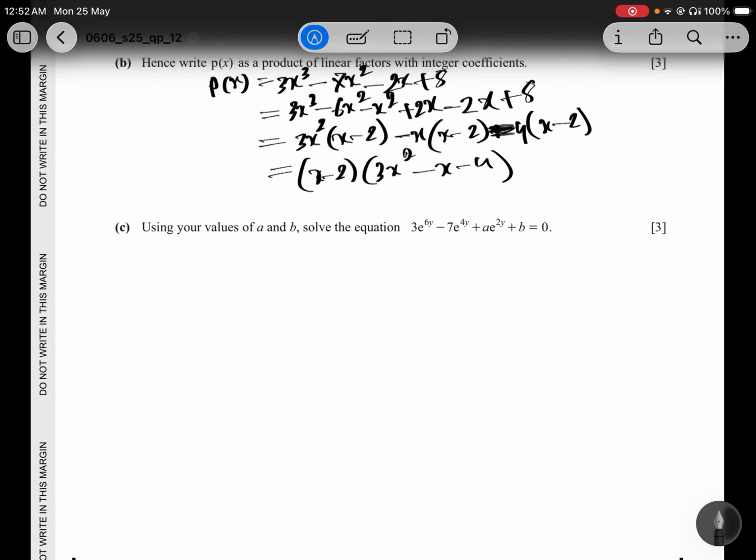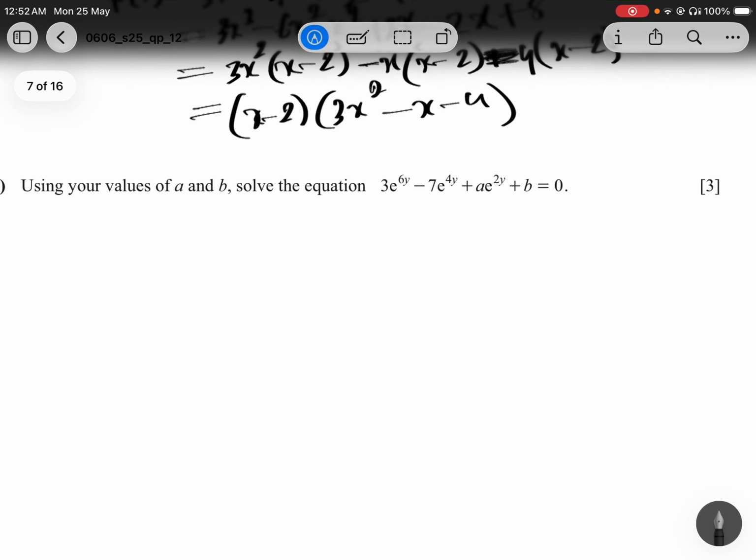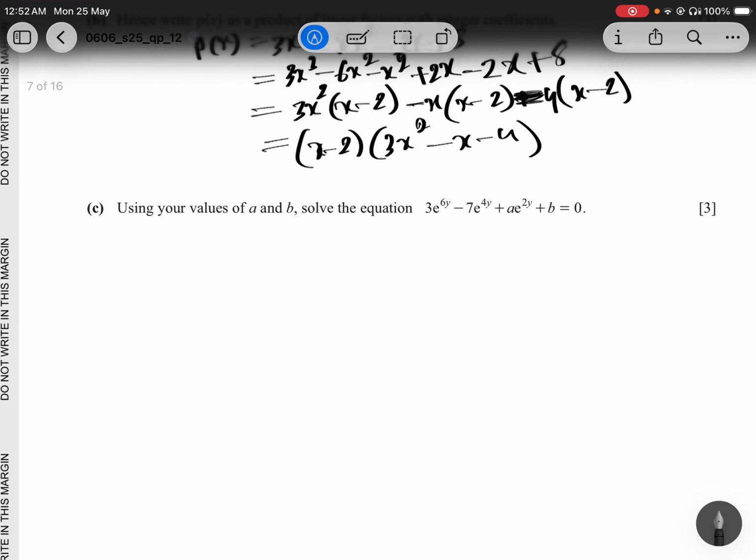Question number C. Using your values a and b, solve the equation 3 e to the power 6y minus 7 e to the power 4y minus 2 as the value of a, e to the power 2y plus 8 as our b. I need to find out the value of y actually.